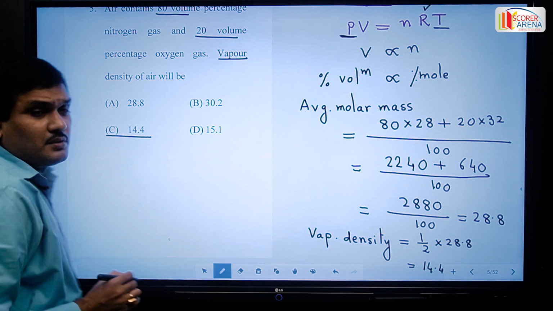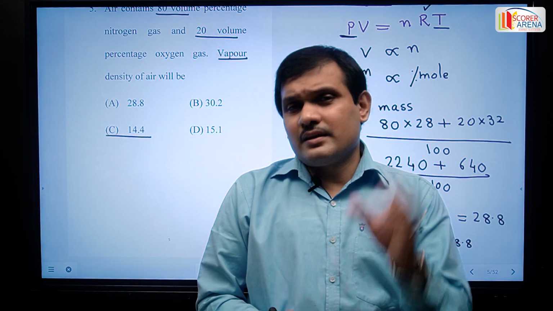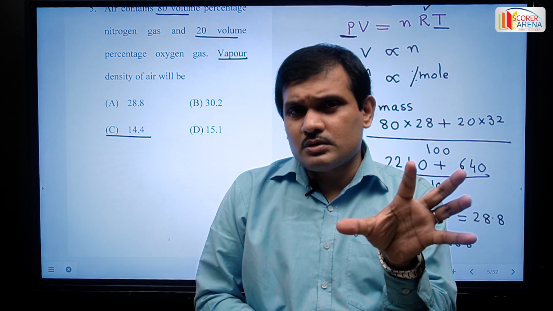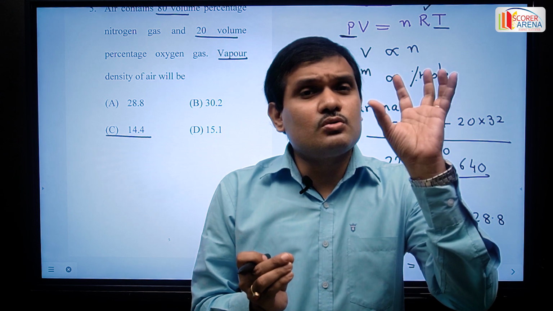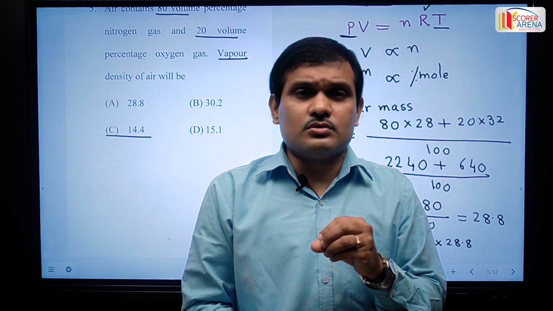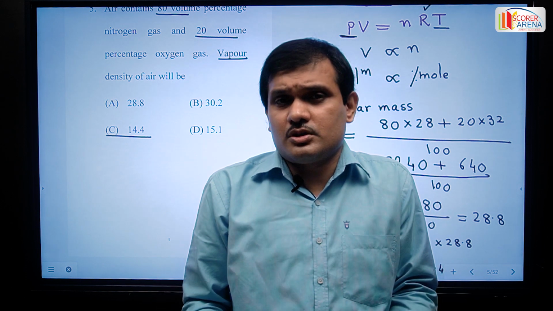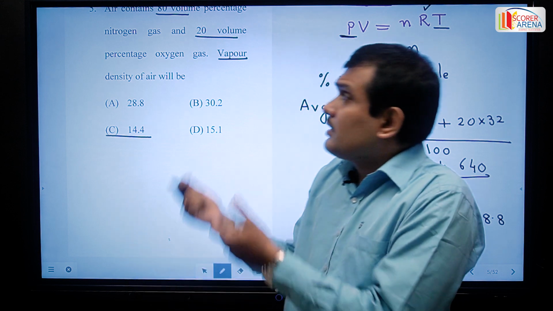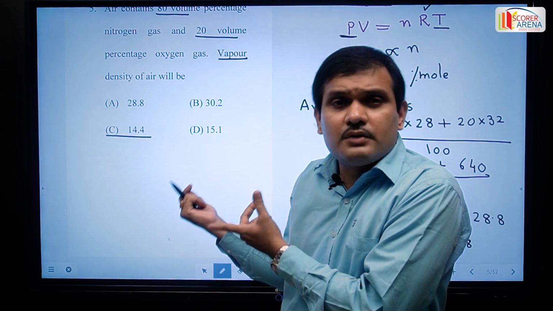So the basic concept we deal with in these problems is that when we try to find out the average molar mass, we are only concerned about how to find out the total mass of the mixture and total number of moles. And if it is given in volume percentage, if temperature and pressure are kept constant, then definitely temperature and pressure constant, it is not given in this problem.